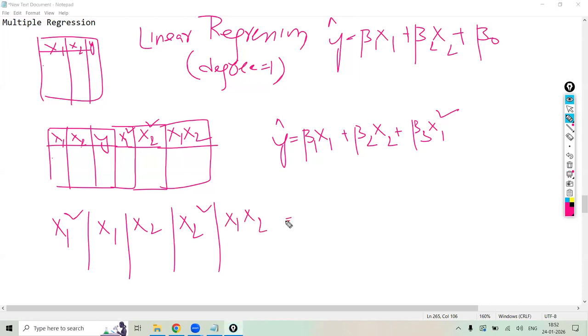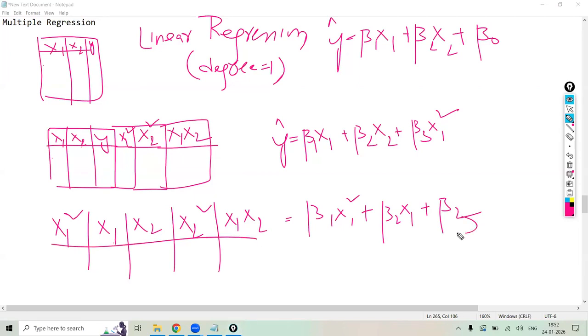In this case the equation is beta 1 into x1 square, beta 2 into x1. Whatever order you are considering here, that order only I have to write in the equation. If you have written x1 square at the start, my equation will have x1 square at the start. So whatever the order of the input columns, the equation follows it.